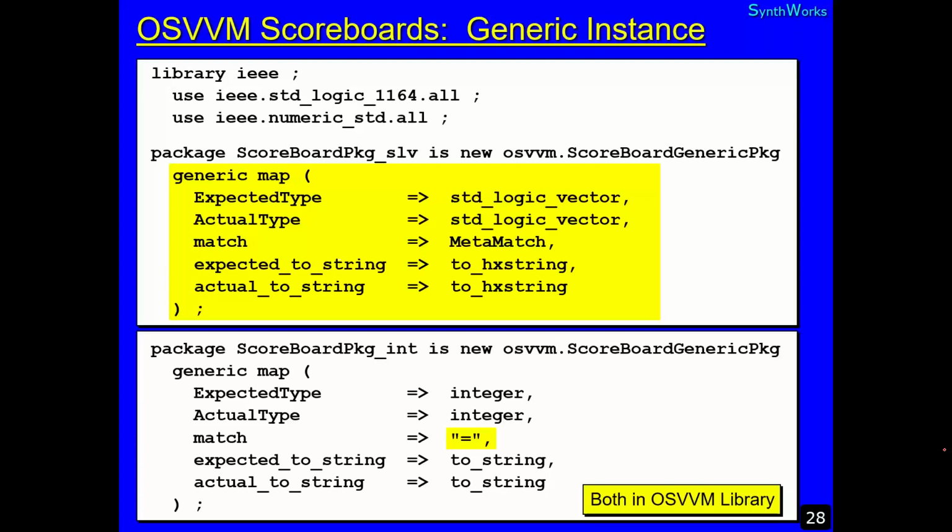So in our library, we have scoreboards for standard logic vector. We have scoreboards for integer, MetaMatch, and to_hxstring come from the OSVVM library. We needed a special match because in verification, in some of our verification components in particular, a U needs to match a U and not be false. Okay, and X needs to match an X and that kind of thing.